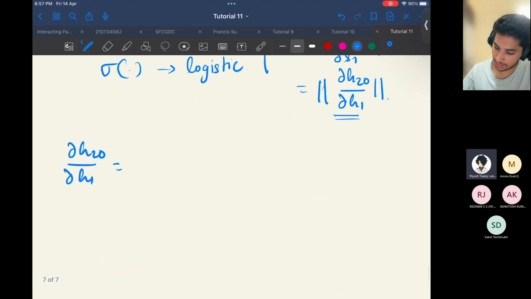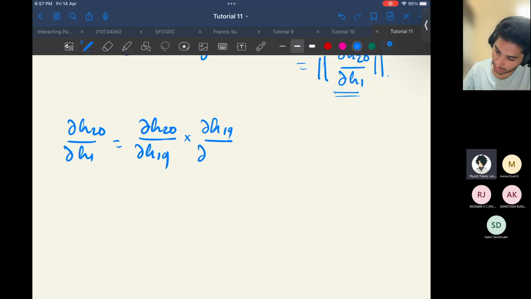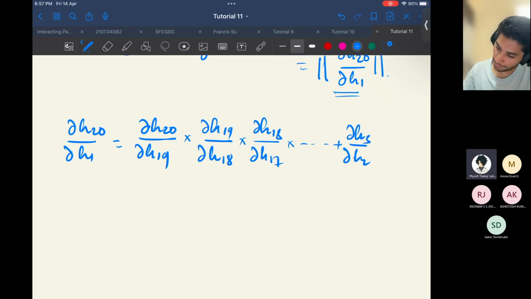So I hope you will agree that I can write this as del h20 by del h19 into del h19 by del h18 into del h18 by del h17, and similarly I will go till del h3 by del h2 into del h2 by del h1. This is how it will be.